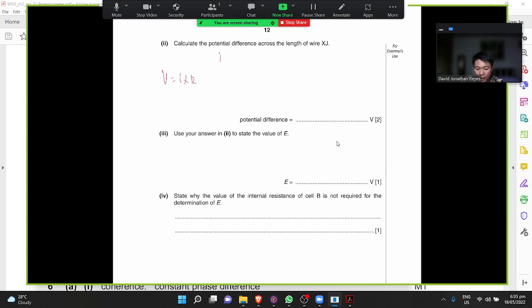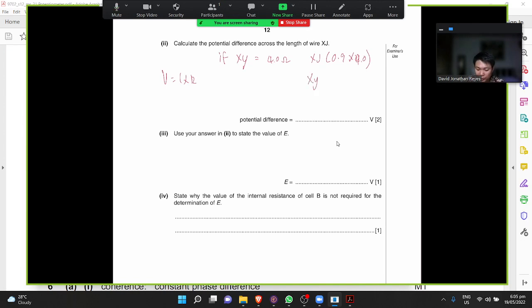If XY's resistance is 4 ohms, then XJ should be 0.9 times 4 ohms, a factor of 0.9.